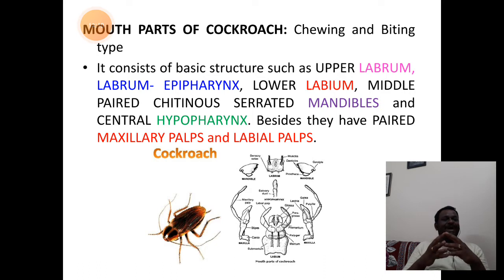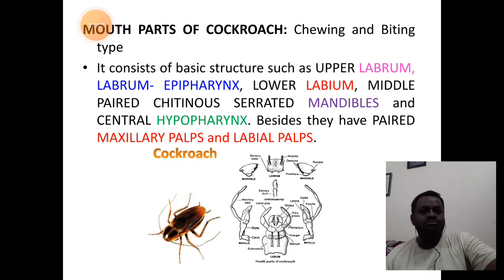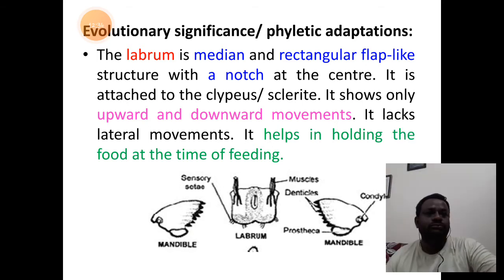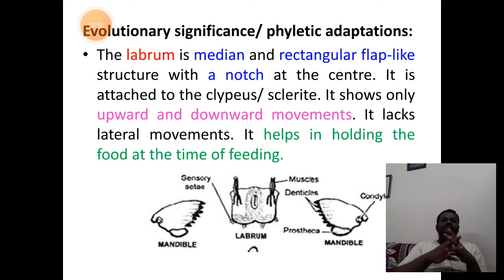So all the 6 parts are very clearly seen in the cockroach, where we find chewing and biting type of mouth parts. So let us understand how each of these parts is organized in the cockroach. So 6 parts we need to remember, students. You can compare it to the mouth cavity of human beings.